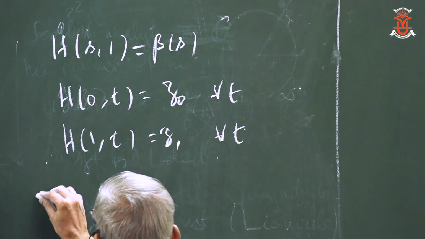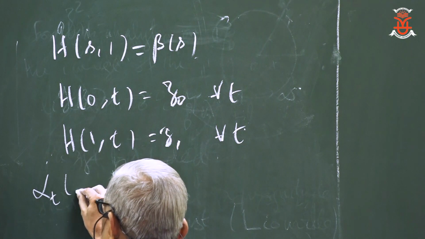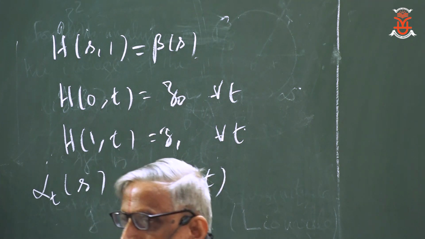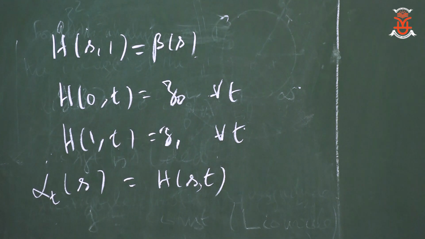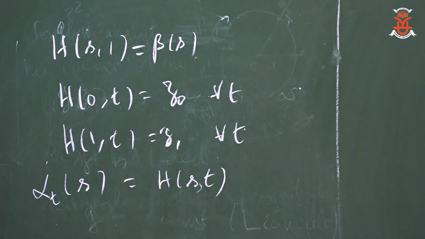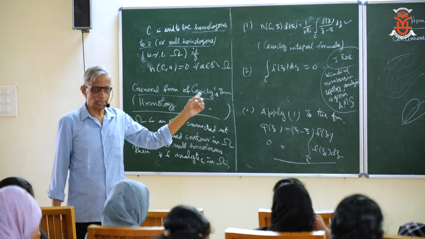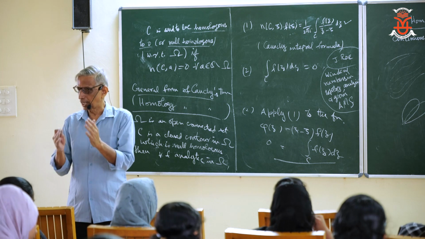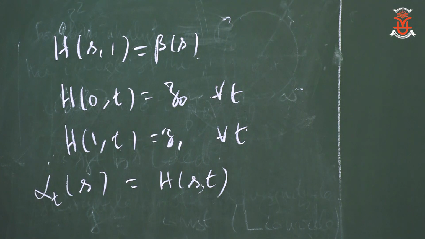In other words, for a fixed t, if you write alpha t of s is H of s,t, so alpha t is a curve, right? With initial point z0 and end point z1. So you have a family of curves alpha t as t varies from 0 to 1, starting with alpha, right?